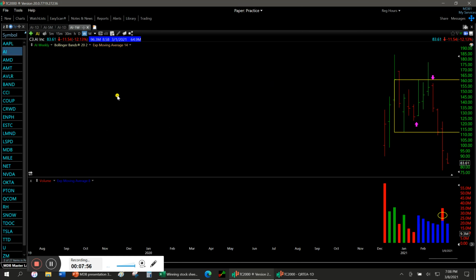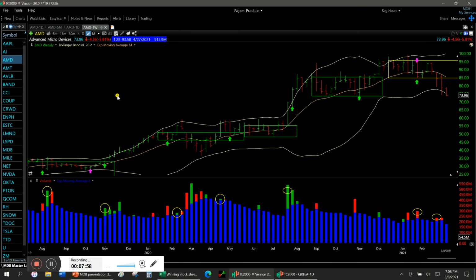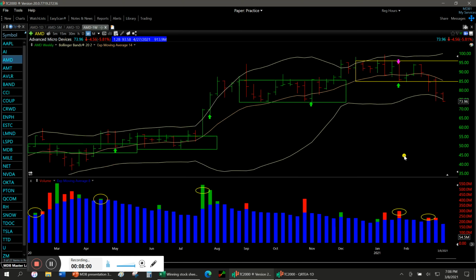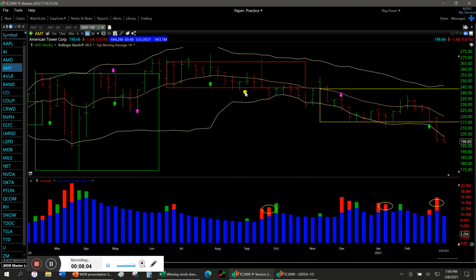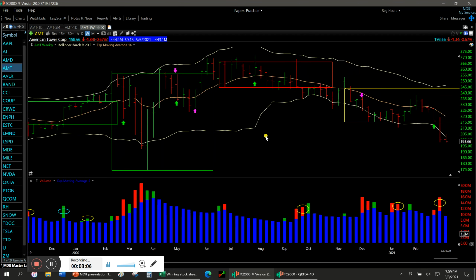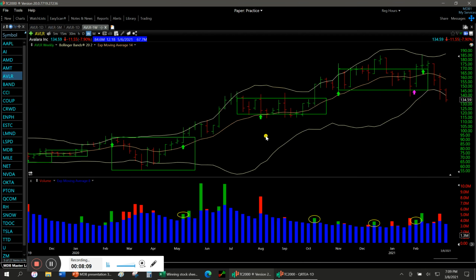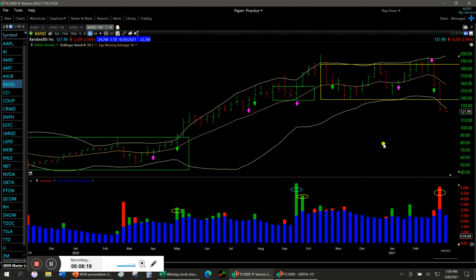Like AI, breakdown, new IPO. AMD, Darvas Box breakdown, big red volume. That's done. AMT, this is cell phone towers. Yeah, breakdown. AVLR, breakdown. This one formed a box, but then the breakout failed. So that's why it's included here. BAN, Darvas Box breakdown, big red volume.